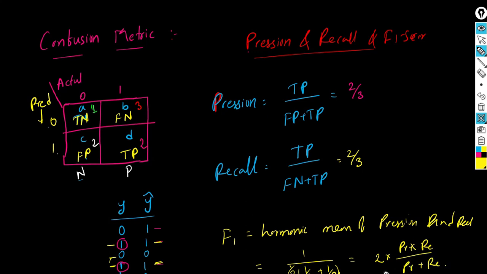This is the F1 score. We need the F1 score because it is a harmonic mean of precision and recall. If both values are increasing, then we can tell F1 score is going to increase. These are all the things about precision, recall and the confusion matrix. In the next video we will discuss the AUC ROC score and also log loss.